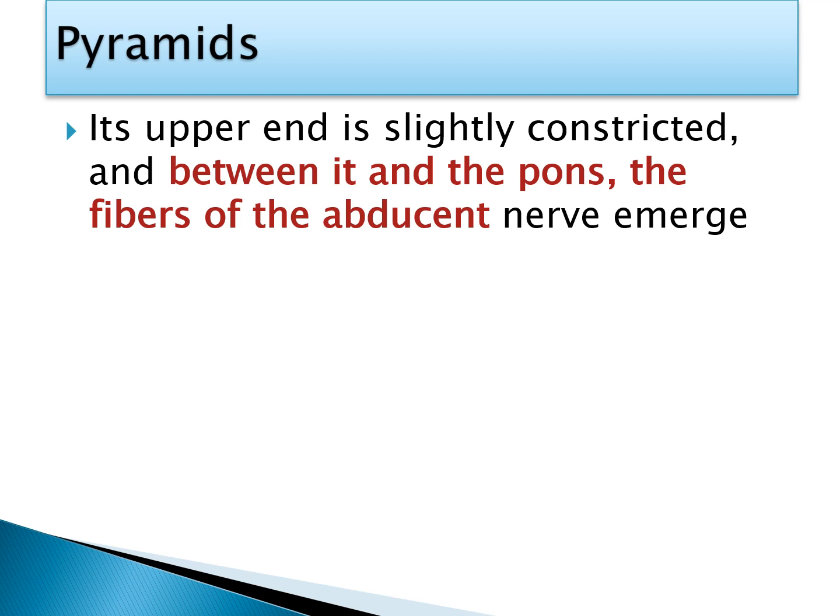Between the pyramids and the lower border of pons is the superficial origin of abducens nerve. So now we have completed in the medulla oblongata the 9th, 10th, 11th, 12th cranial nerves superficial origin. Now at the pontomedullary junction, between the lower border of the pons and pyramids, is the superficial origin of abducens nerve.